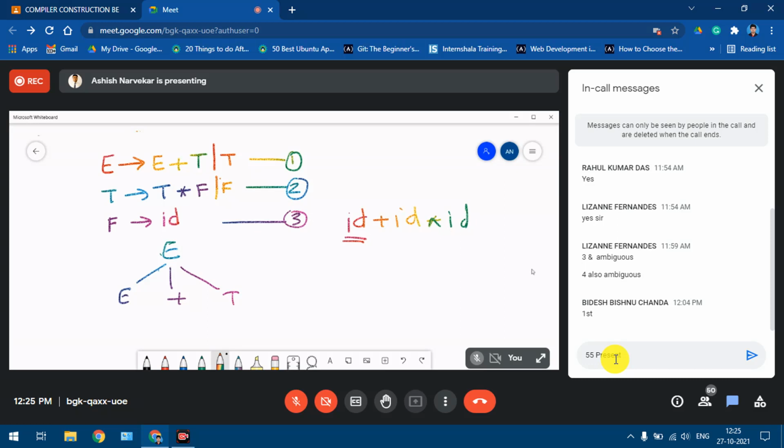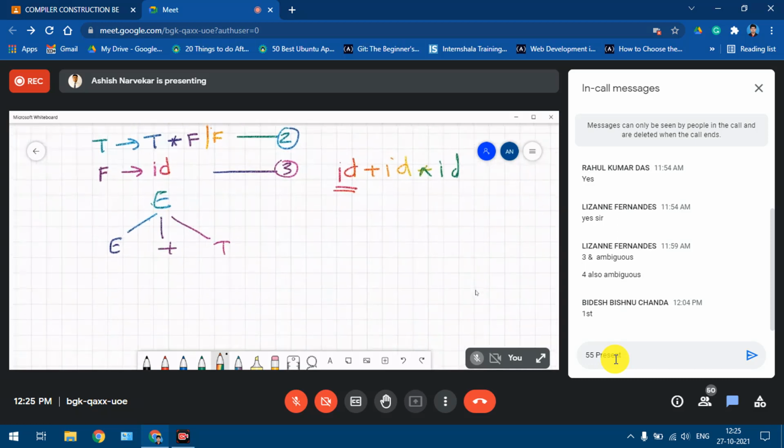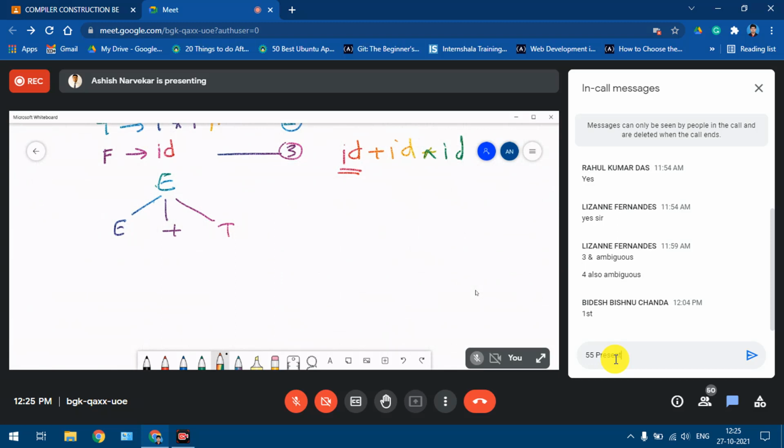Since I am using a leftmost derivation, or leftmost parse tree, I have to expand this E. If you have noticed in the grammar above, I had written E derives E plus T or T, T derives T star F or F, and F derives id. Correct. So from E we can get this, as well as T, but we cannot get id directly.